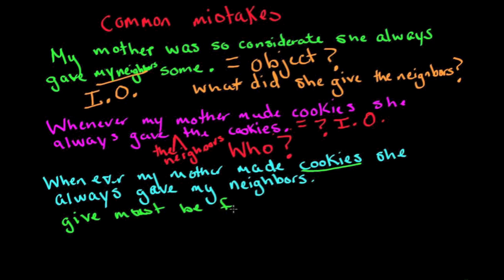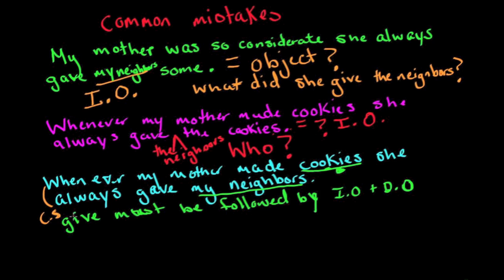Give must be followed by the indirect and direct object. So in this case, even though you stated cookies here, and you have my neighbors here, which is your indirect object, you still have to state cookies again here. The reason is because it's a compound sentence, and really, it's two separate ideas.